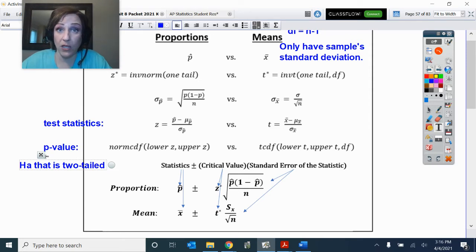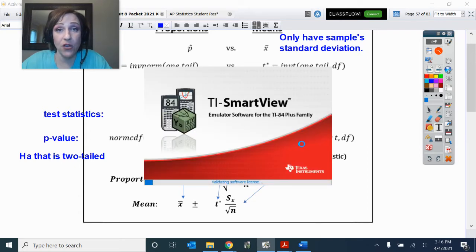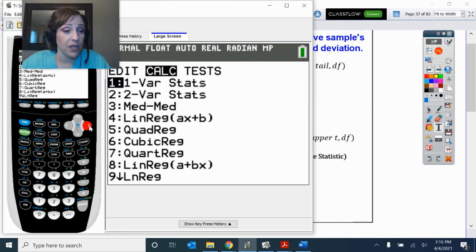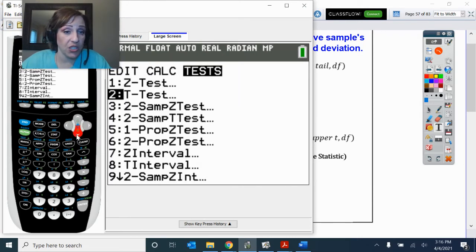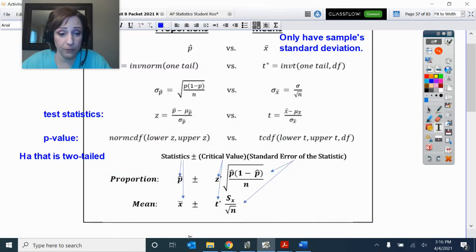So you need to watch that because I know that will happen to you. Now, if you do the computing in the calculator and you use the not equal to symbol in the calculator, that will automatically calculate two tails for you. So for example, if we were to run a test here with this two-tailed not equal to, that automatically does the two combined tails for the total p-value for you.